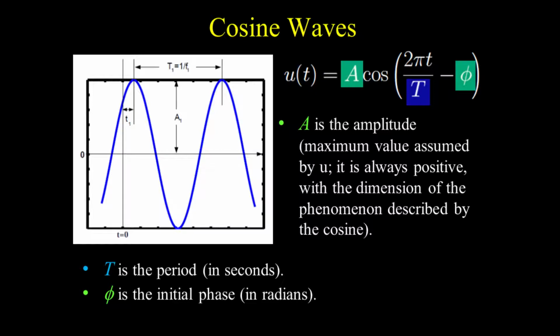This signal, which is obviously periodic, is characterized by three parameters: the amplitude A, where the maximum value is assumed by u, which is always positive, with the dimension of the phenomenon described by the cosine; the period T in seconds; and the initial phase φ in radians. These three quantities, A, T, and φ, are all constants.